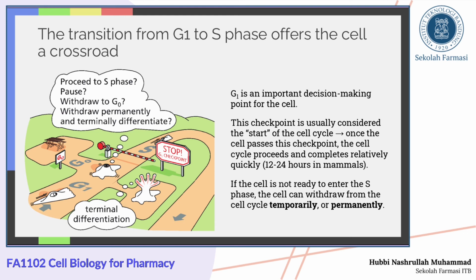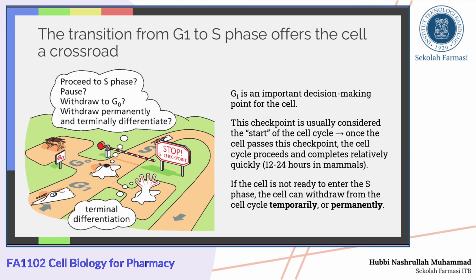Once the cell decides to enter the S phase, the rest of the cell cycle generally completes relatively quickly. In mammals, it takes about 12 to 24 hours to complete the whole cycle. That's why this checkpoint is usually considered as the start of the cell cycle, although it is a cycle and has no actual starting point.